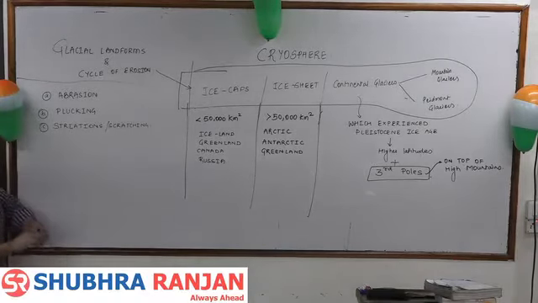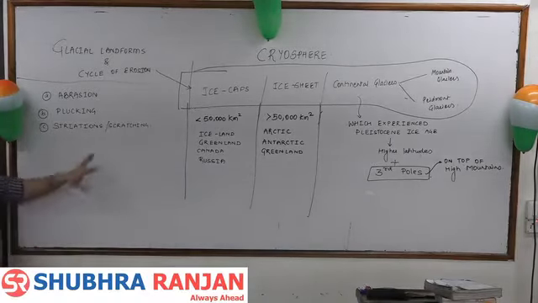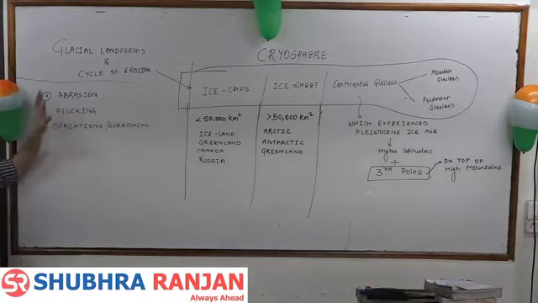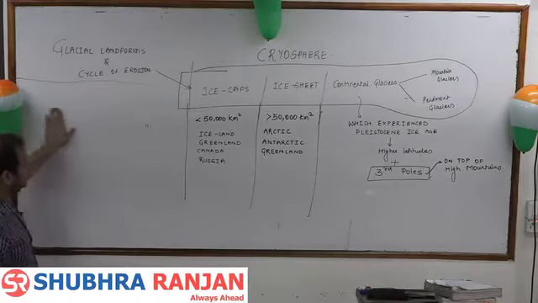फाइन. So these are the 3 areas from where the glacial landforms will be working, and these glaciers are working in 3 ways.